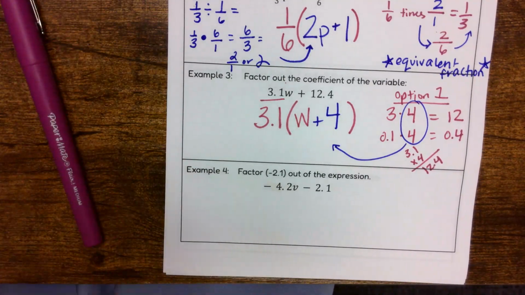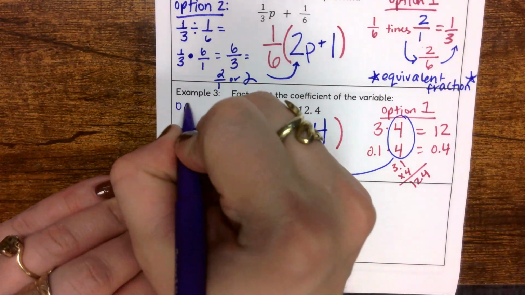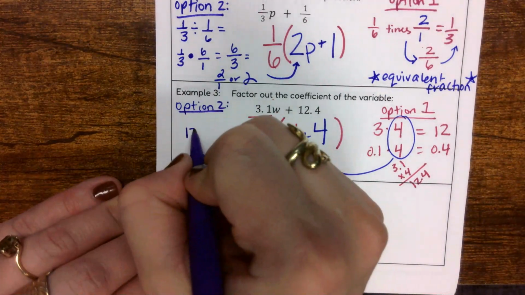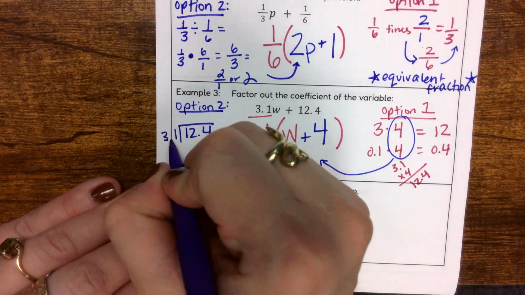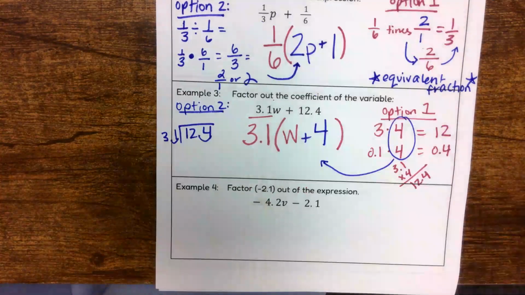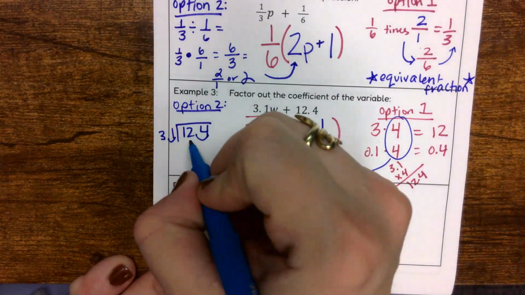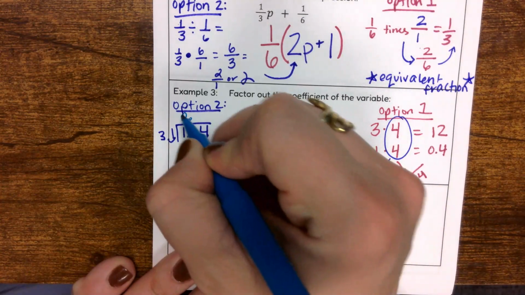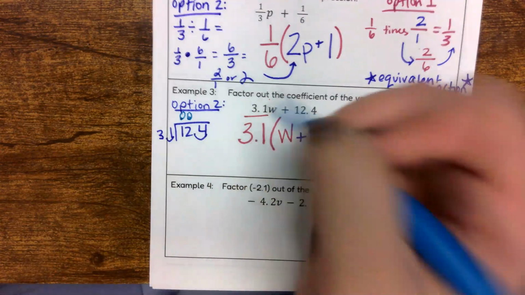The other option, right, is to divide by the factor. So where you would take 12.4 divided by 3.1. Move our decimal over. And then we would do, how many times does 31 go into 12? 0. How many times does 31 go into 124?